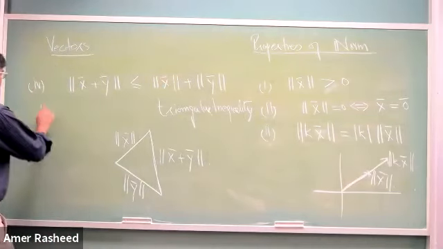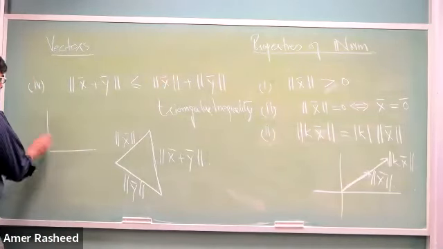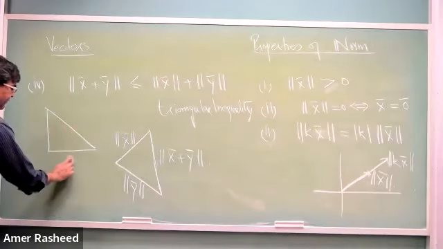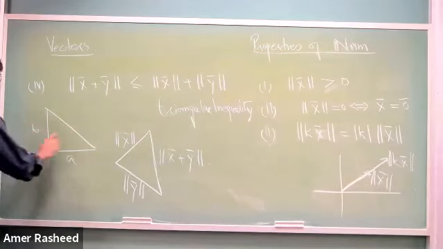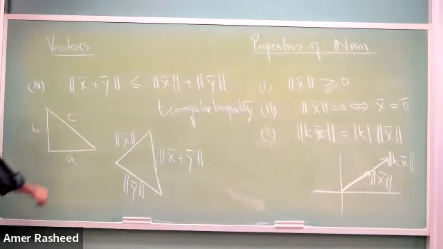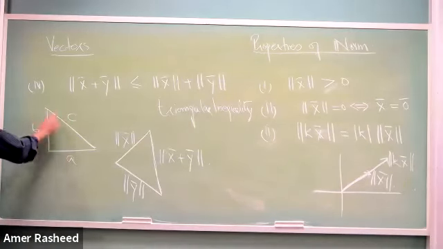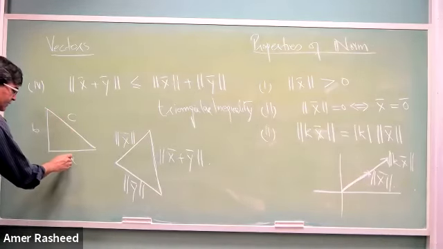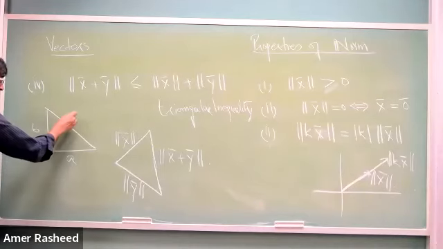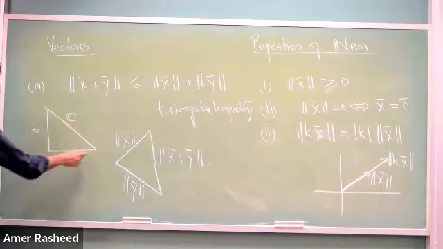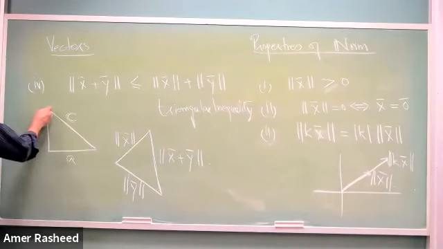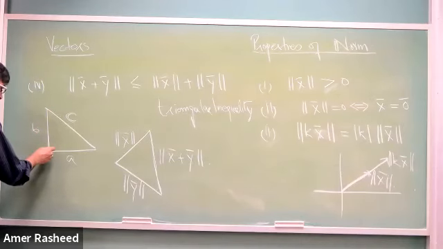Even if you have a right angle triangle, with this as your base, this as your height, and this as your hypotenuse, the length of the hypotenuse is always less than the sum of the length of the base plus the length of the perpendicular.